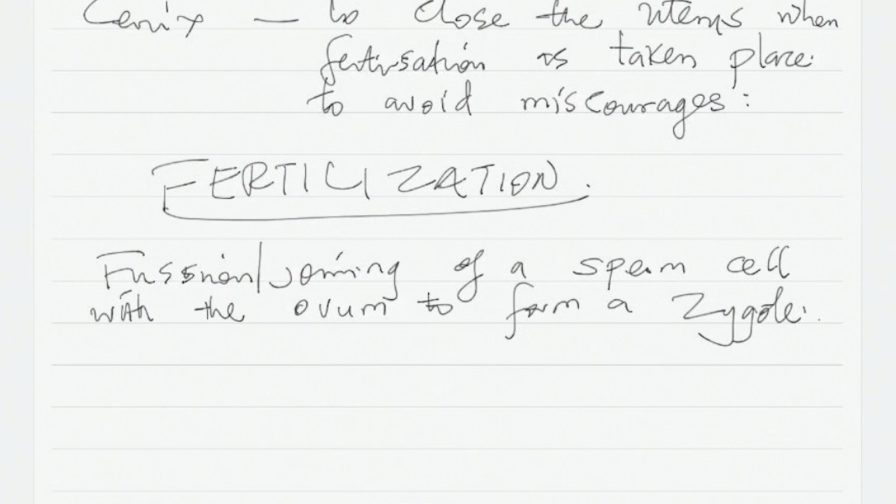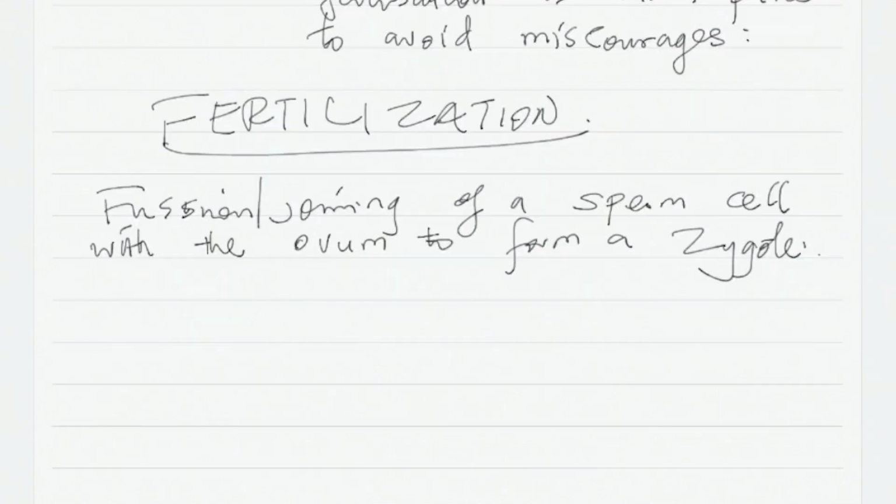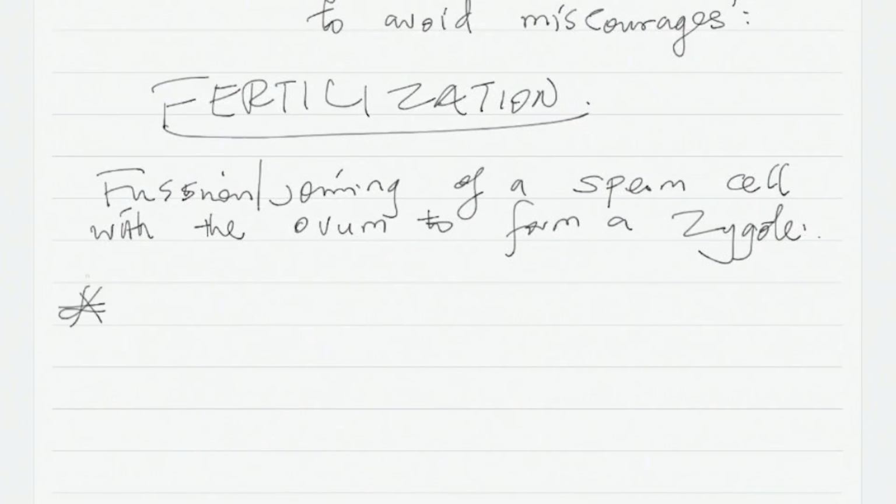What is the other name for the fallopian tube? I stated that it is also known as the oviduct. Where does fertilization take place? It takes place in the fallopian tube. So fertilization is the fusion or joining of the sperm cell with the ovum to produce a zygote, in the fallopian tube. Now, the other point that you need to take note of is that only one sperm cell fertilizes an ovum.